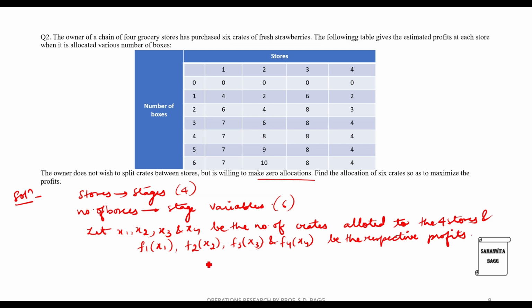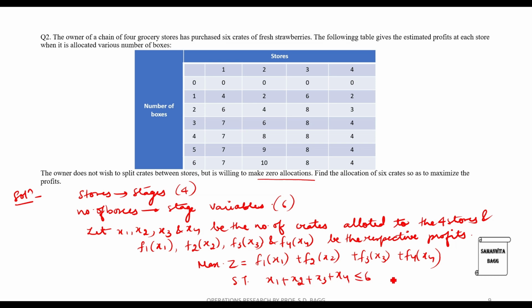So the problem now becomes: maximize z equals f1 x1 plus f2 x2 plus f3 x3 plus f4 x4, subject to the constraint x1 plus x2 plus x3 plus x4 less than or equal to 6, where x1, x2, x3 and x4 are greater than or equal to 0. So now I'll start with stage 1.